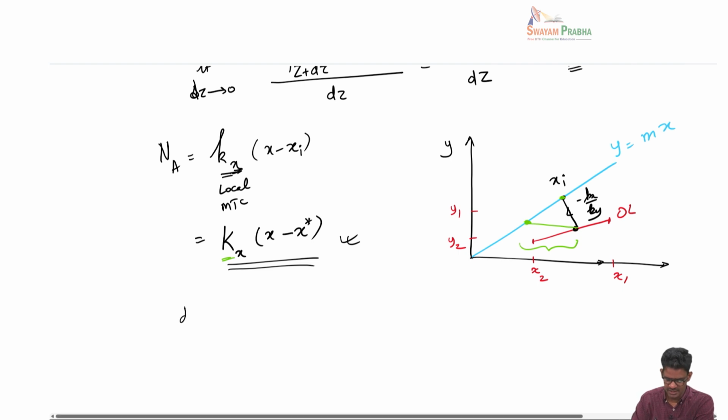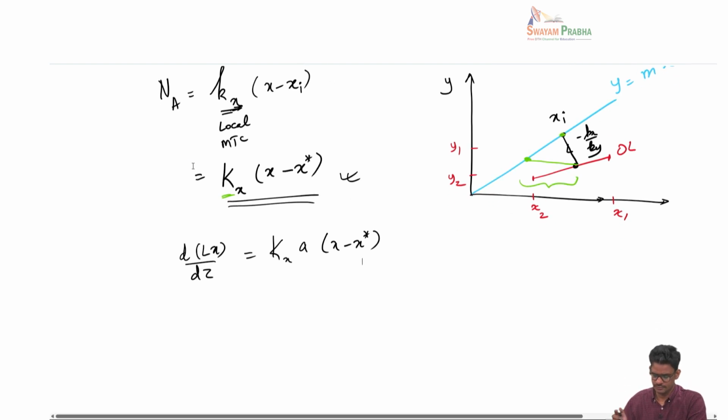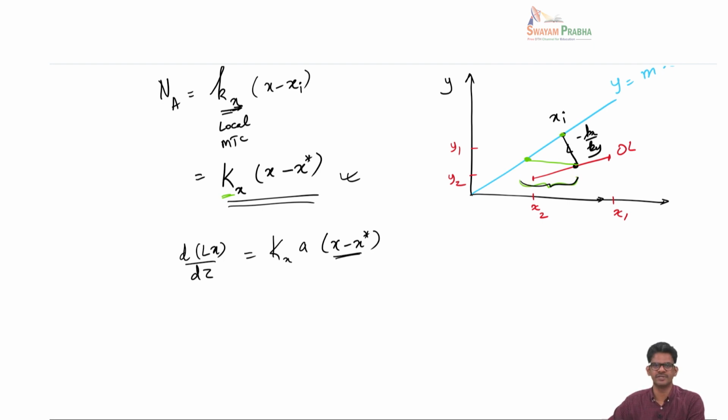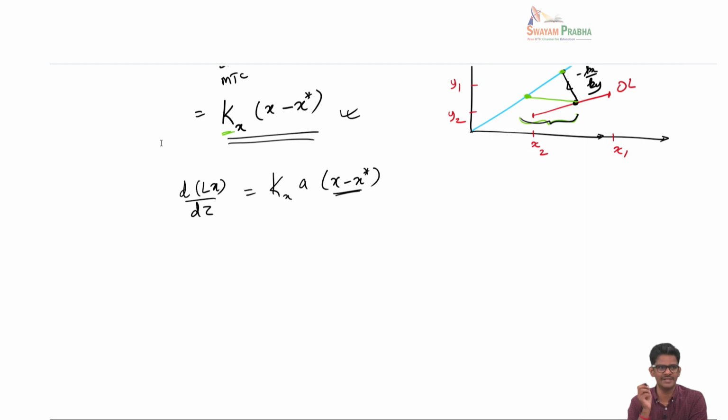So we have d(Lx)/dz equal to Kx a (x minus x star), because x minus x star is this term offering the driving force for the mass transfer here. So now we can separate these terms and also make use of the fact that L is constant.